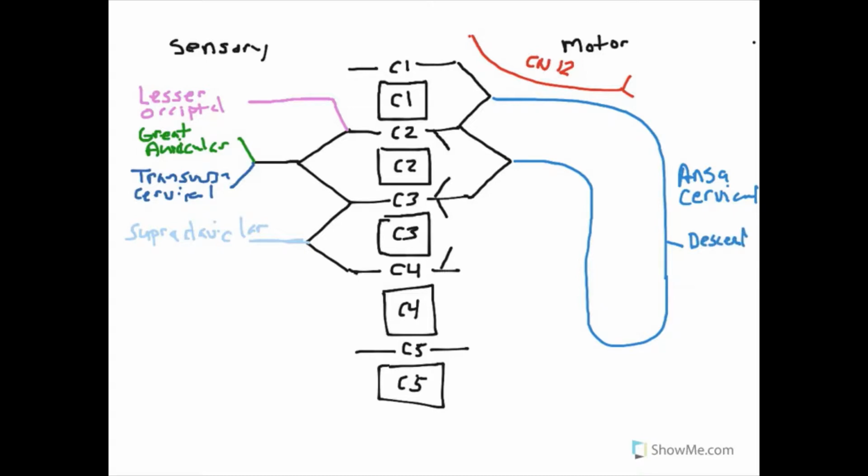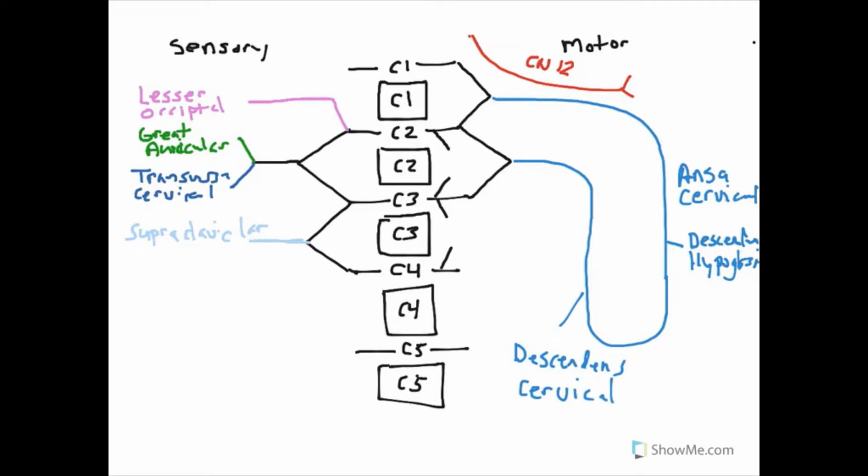Descendens hypoglossi. And it's very hard to write that fine here. Now, the other branch that is also found here is the descendens cervicalis.